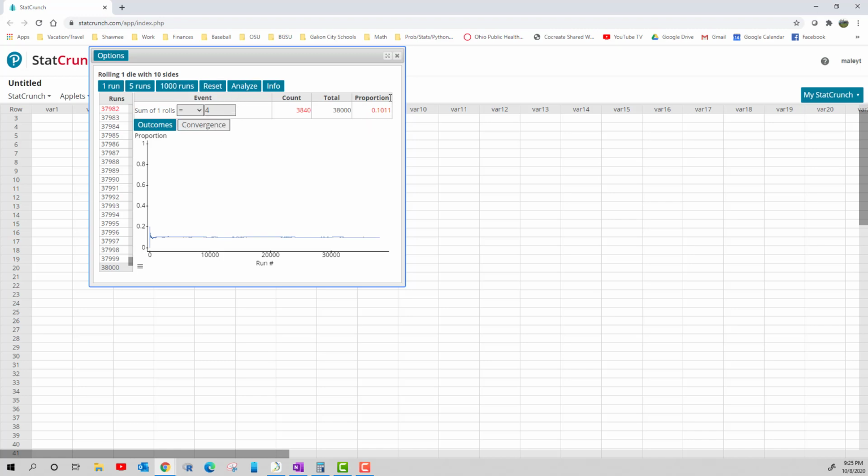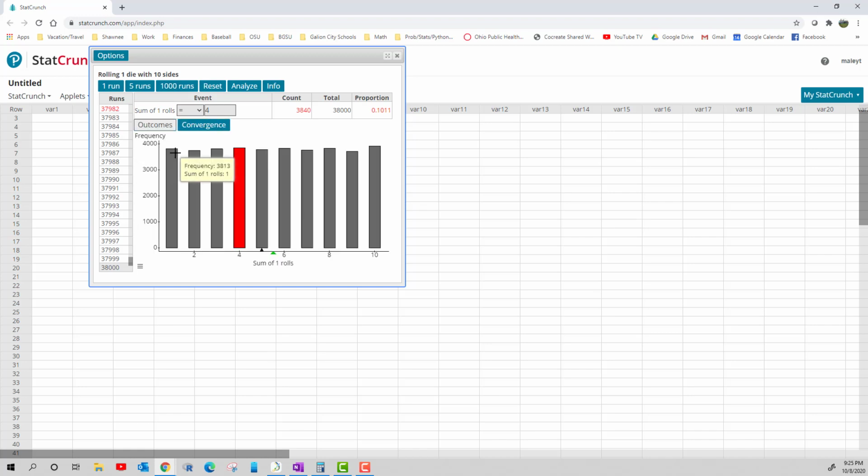So we found roughly after doing this 38,000 times, we had roughly 0.1 being the proportion, which is what we would expect theoretically, right? There's one way to get a 4 divided by 10 possible outcomes in the sample space. And so we saw with the law of large numbers, where this graph is flattening out right around 0.1. Right, so if I click on outcomes now, this is a frequency histogram for each roll.